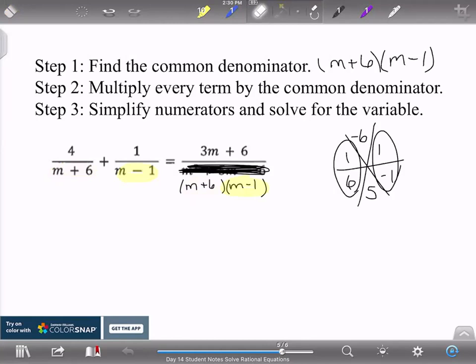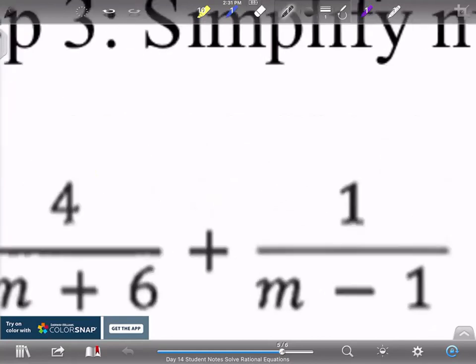And then that takes care of everything that we have in the denominator. So that would be our least common denominator. Then I'm going to go through and I'm going to multiply every single term by our least common denominator. So m plus 6 times m minus 1.